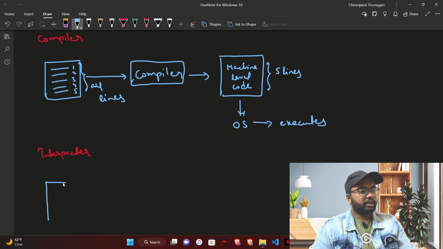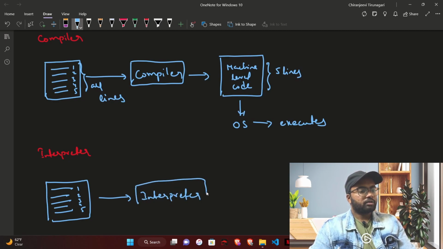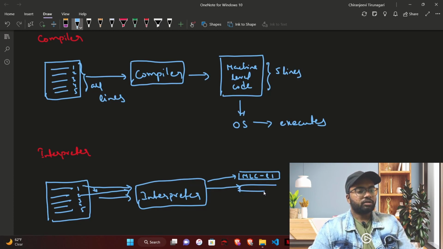So you have again lines 1, 2, 3, 4, 5, and you have the interpreter. What the interpreter does is, it takes the first line and converts it into machine level code for line 1, and then it takes the second line and converts it into machine level code for line 2.